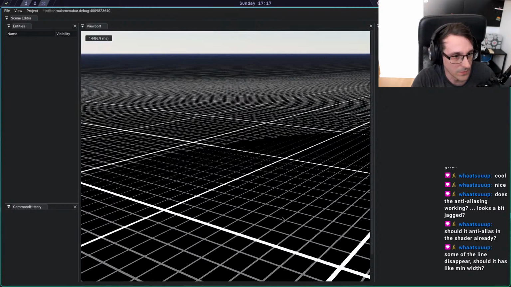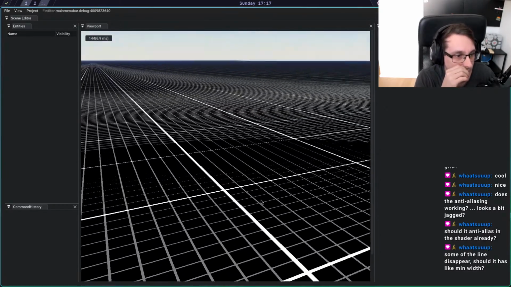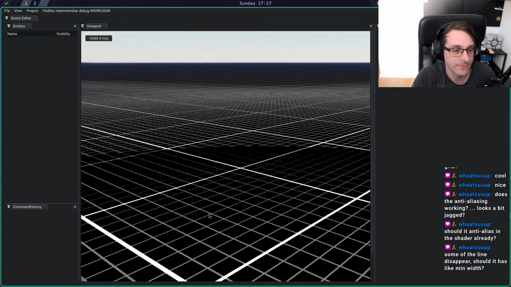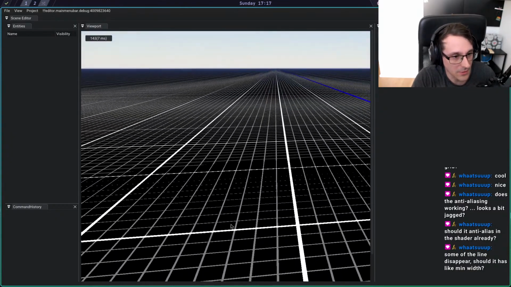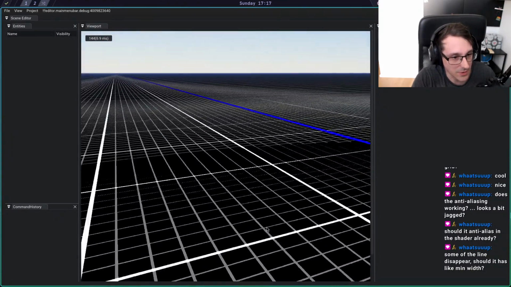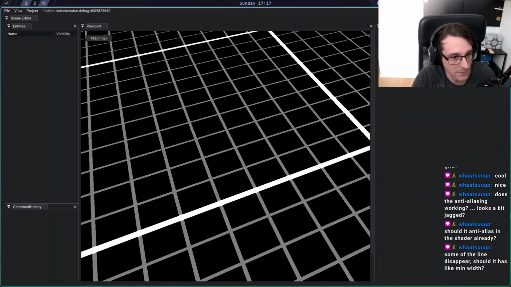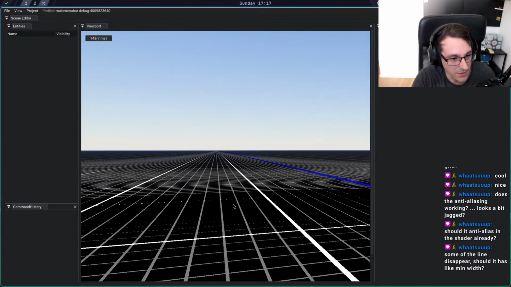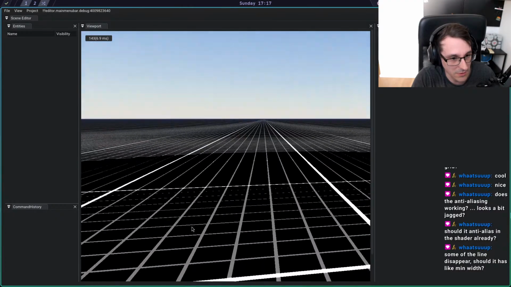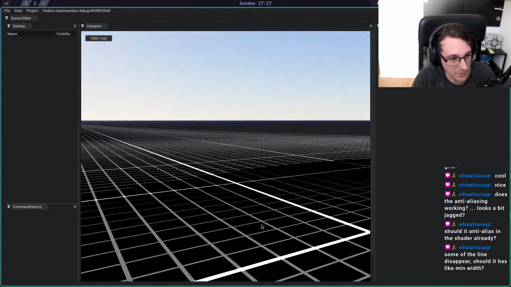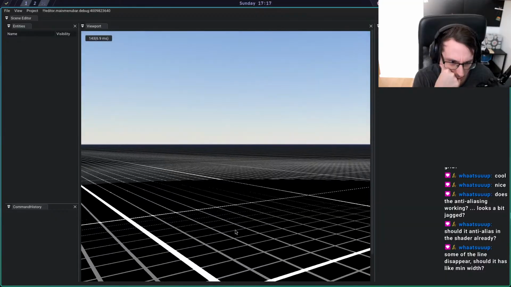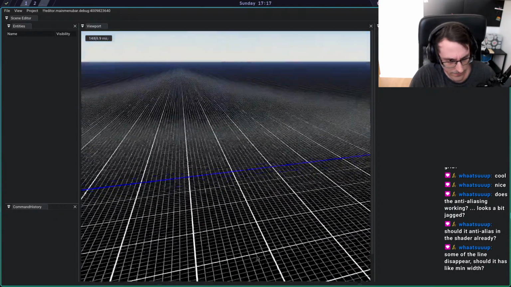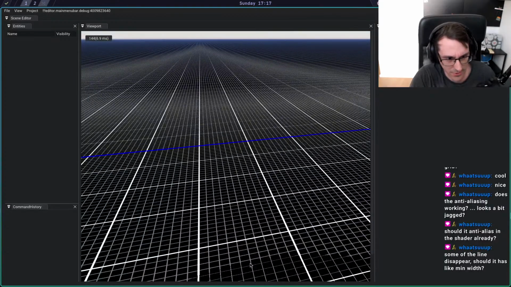I don't know. Oh wait, I think it's only around the camera where that happens. It's only in this weird circle in between the camera. It's like a perfect circle around the camera. Maybe it's some floating point position stuff.